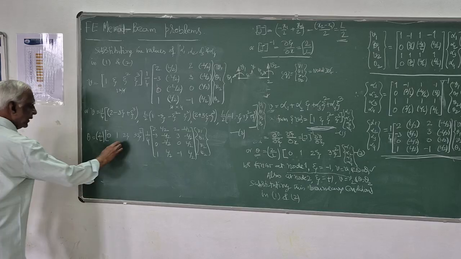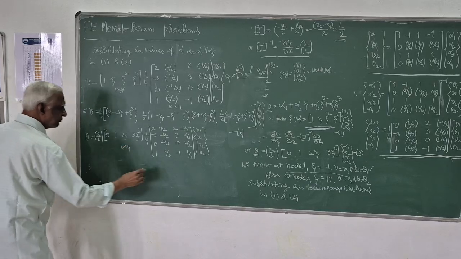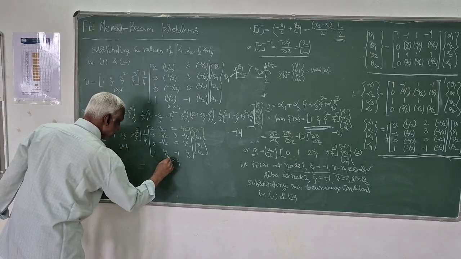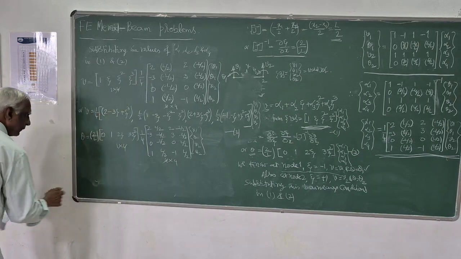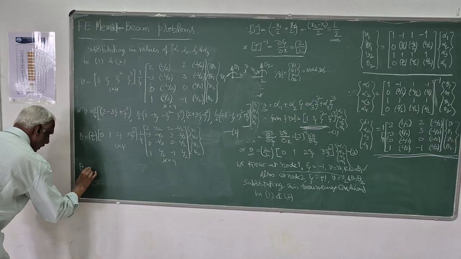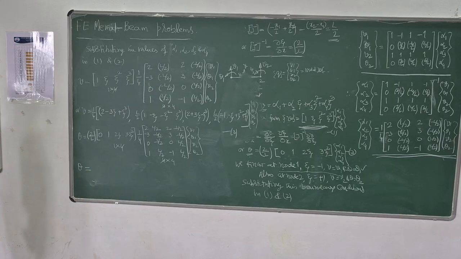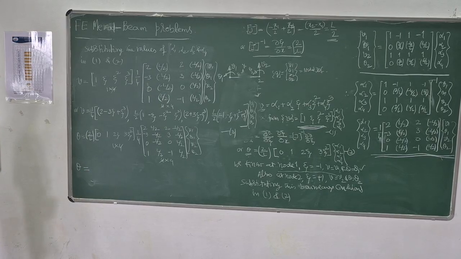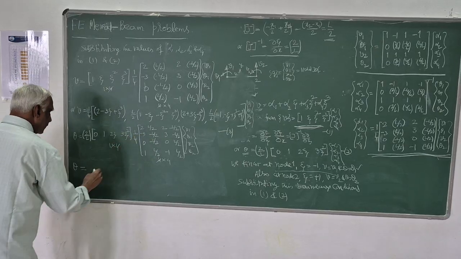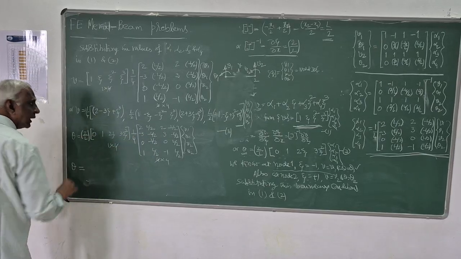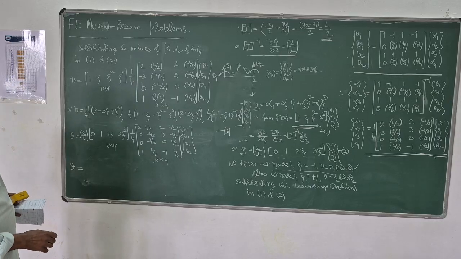So this again you can multiply. This is 1 by 4, this is 4 by 4, the result will be a 1 by 4 matrix. So theta at any point, the slope, is given by theta is equal to 1 by 2L, that is 2 by L, L by 2.